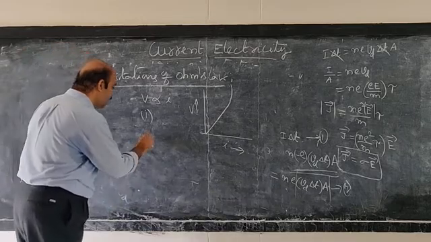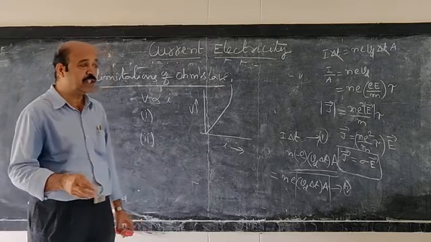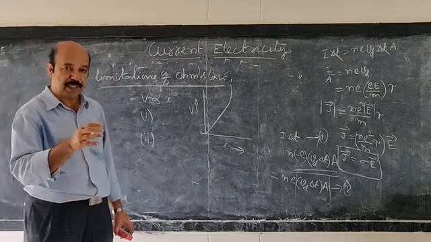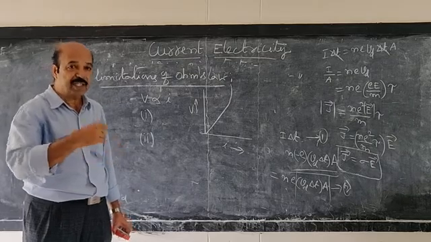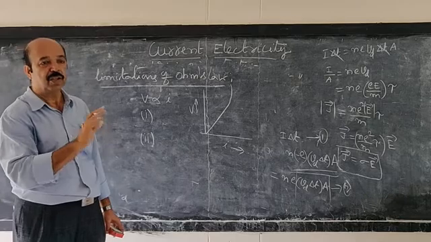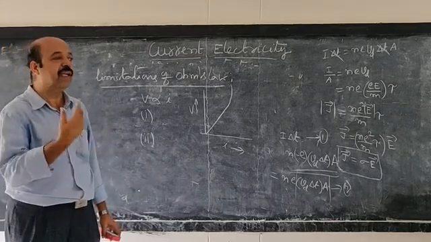The second one is that there are some materials for which, keeping the voltage constant, if you reverse the direction of the voltage, the magnitude of current changes. You don't get the same current value, you get a different value.